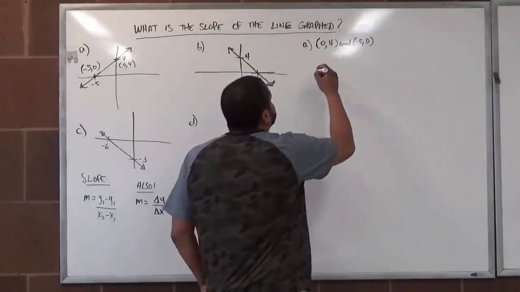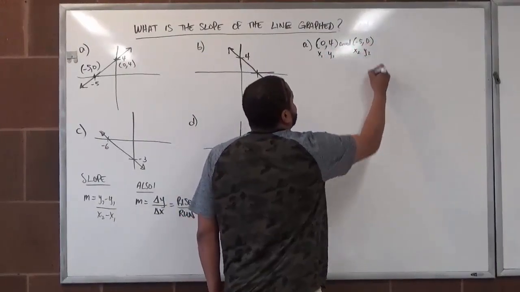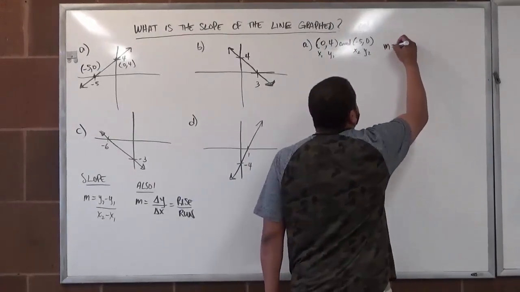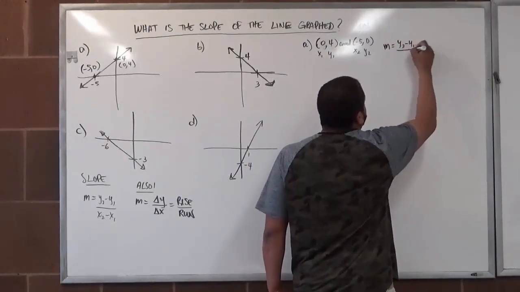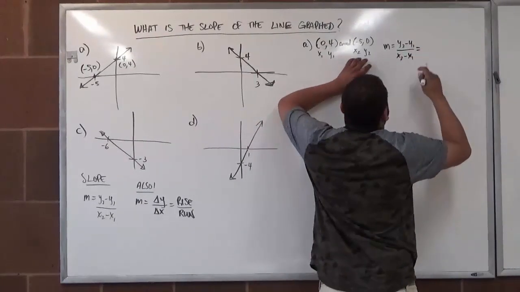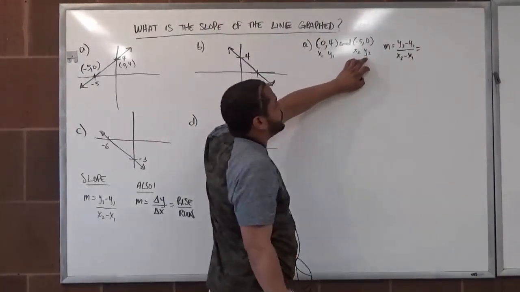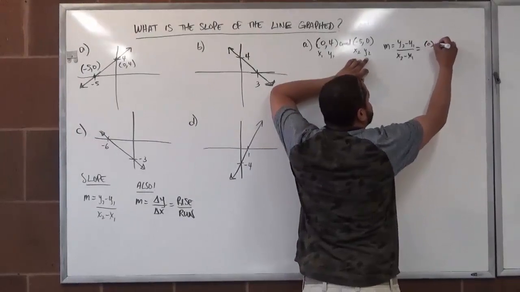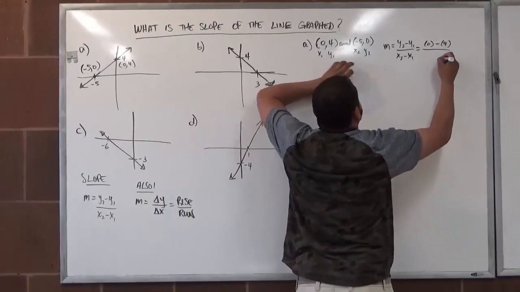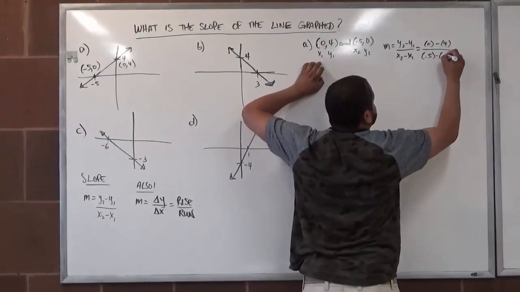And so here we make this our x1 and y1, and this our x2 and y2. Then we use the equation of the slope to calculate our value. So m equals y2 minus y1 over x2 minus x1. Here we're going to use parentheses around each value. My y2 value is 0, so I put 0 in parentheses and subtract my y1, which is positive 4 in parentheses, over my x2, which is negative 5 in parentheses, minus my x1, which is 0.